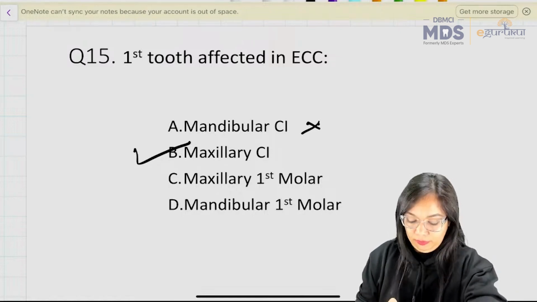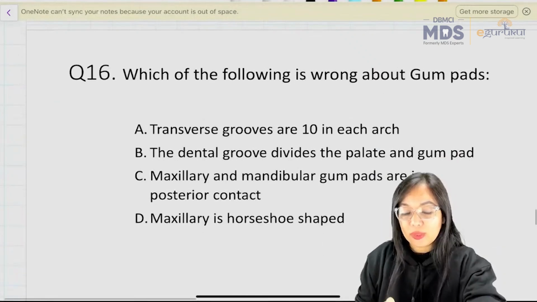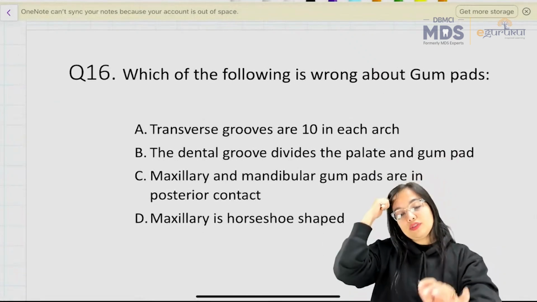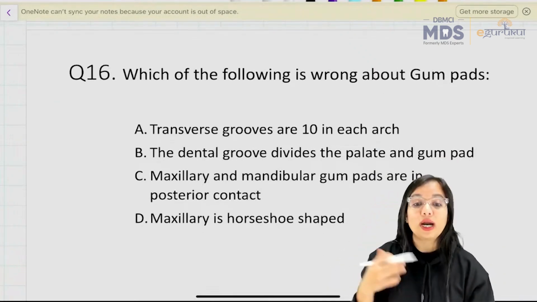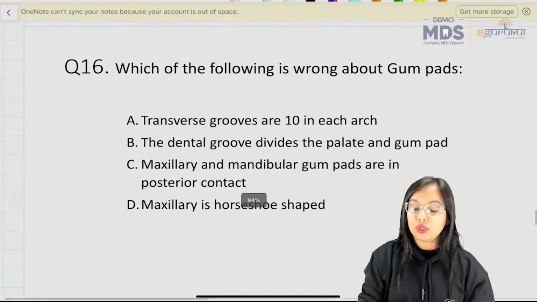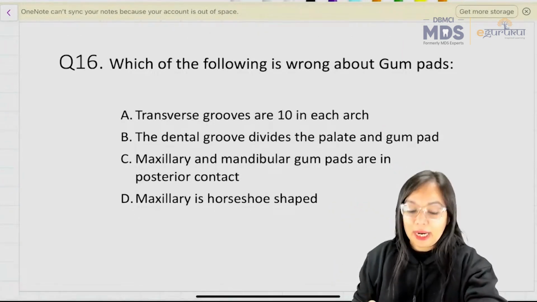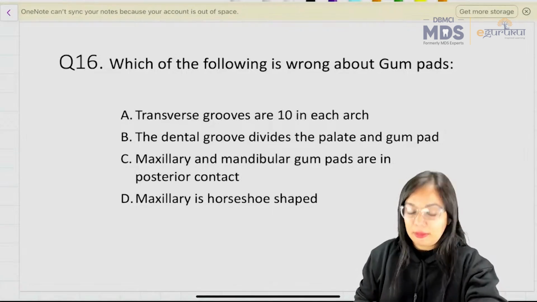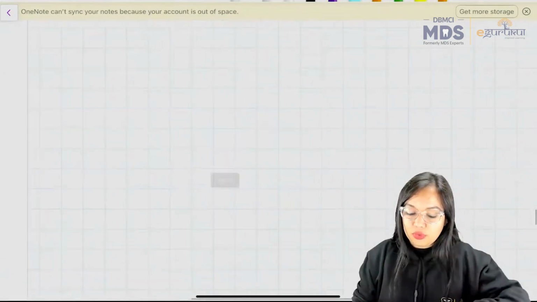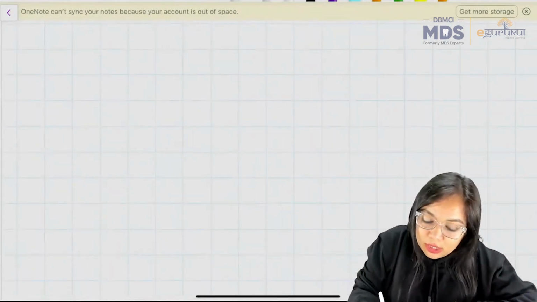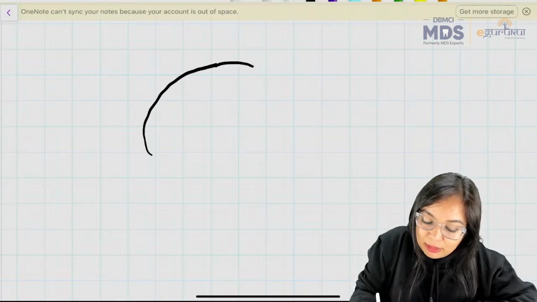Alright, the next question is, which of the following is wrong about gum pads? So you know what the gum pads are. Let me draw it for you so that it is going to be easier. This is the maxillary gum pad.